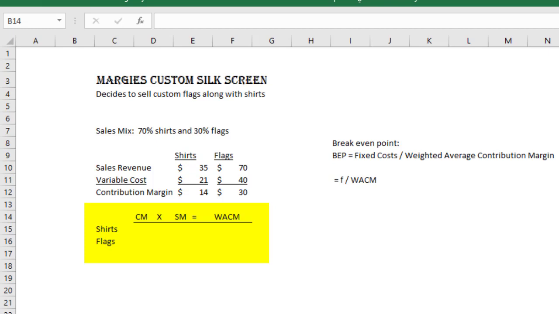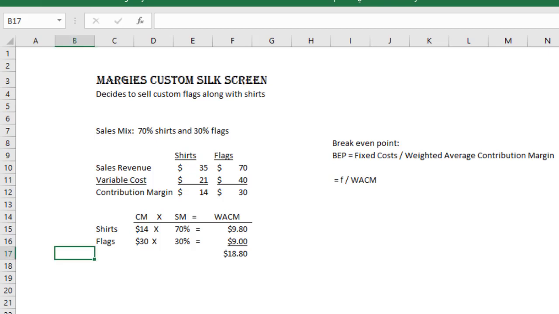We have the flags and we have the shirts. The sales mix is a 70-30 mix. The contribution margin we just pull from the table above, $14 and $30, and then you multiply the two together, and that gives you the weighted average contribution margin for each one, and you just add them up. So in this case, the weighted average contribution margin is going to be $18.80.